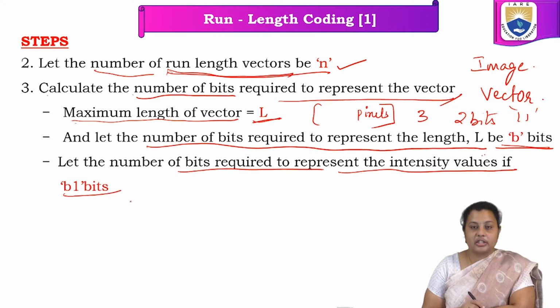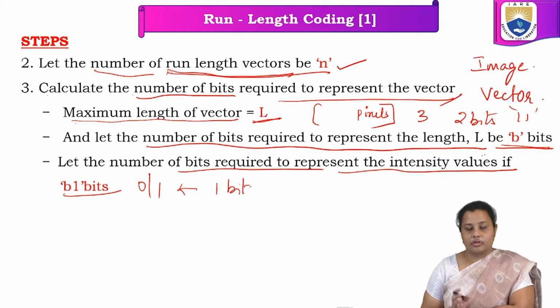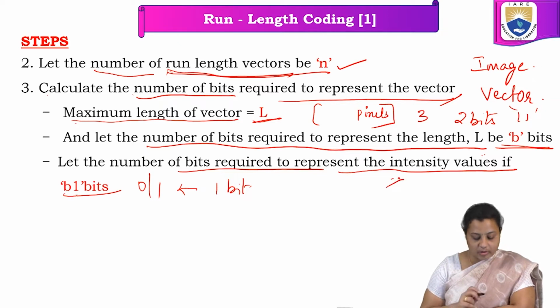If we are considering a binary image, it is either 0 or 1, so it will be only 1 bit. RLC can also be used for gray images, so based on the intensity value, we decide how many bits are required. For that, we represent it as B1.